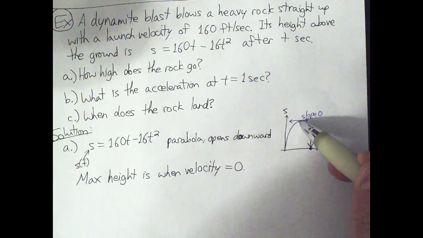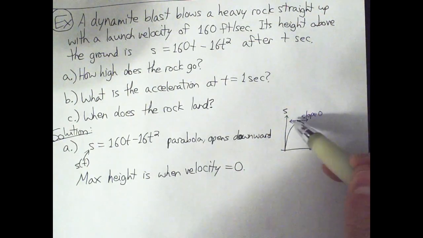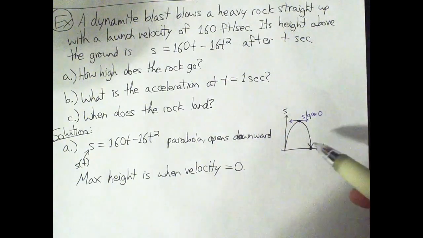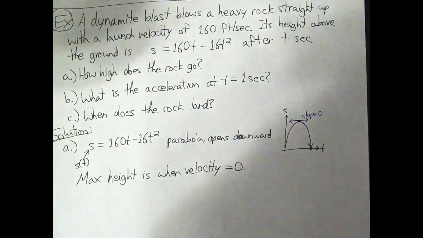At the peak, for that one moment, the velocity is going to be 0. And we're seeing that as a horizontal tangent line. And then after that, the height starts dropping. The velocity becomes negative, because it's going downward, it's decreasing.